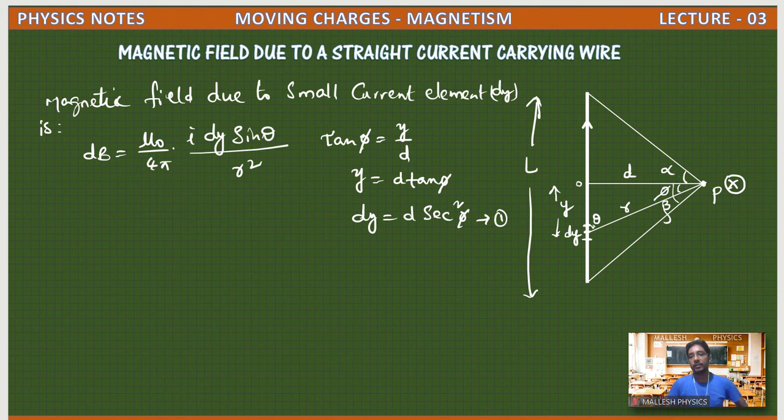And secant phi is hypotenuse by adjacent side, that is r by d. So r is equal to d secant phi, equation 2.